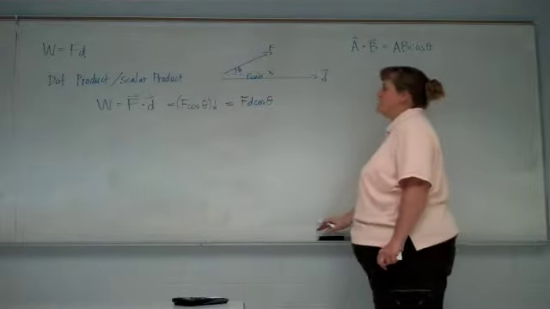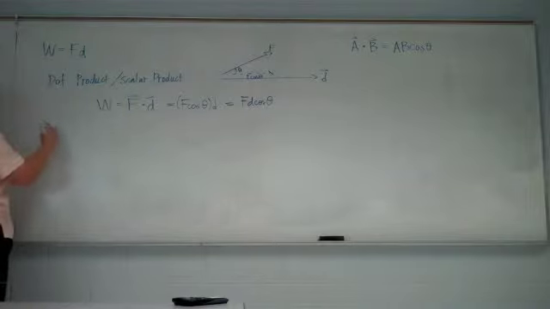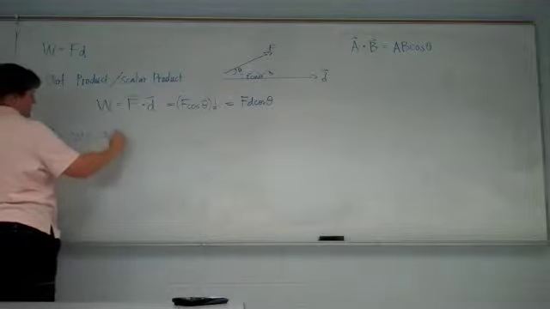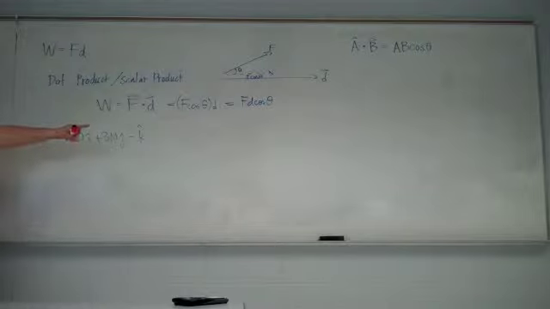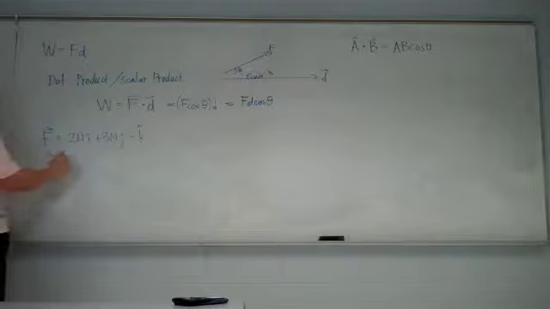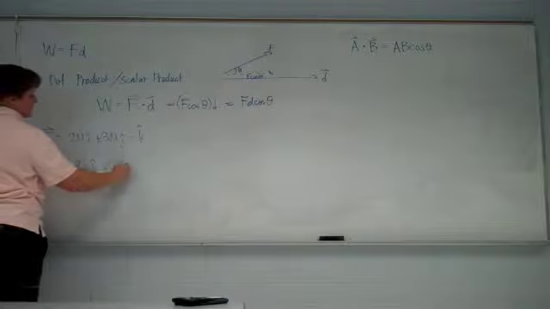For example, let's say we had a force that had 2 newtons in the x direction, 3 newtons in the y direction, and 1 newton in the z direction. So it's off at an angle like this. And let's say our object's on an incline, so it ends up moving a total distance of 3 meters in the x direction and 4 meters in the y direction.